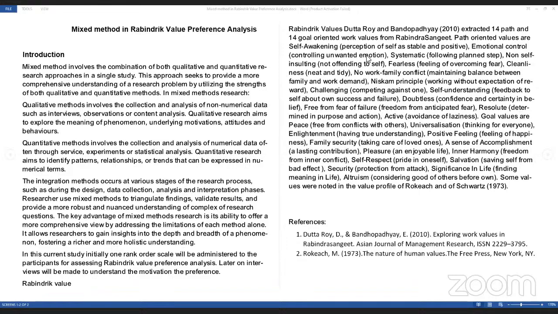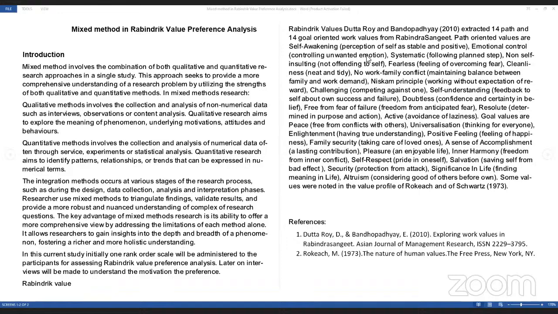The key advantage of mixed methods research is its ability to offer a more comprehensive view by addressing the limitations of each method alone. It allows researchers to gain insights into the depth and breadth of a phenomenon, fostering a richer and more holistic understanding.